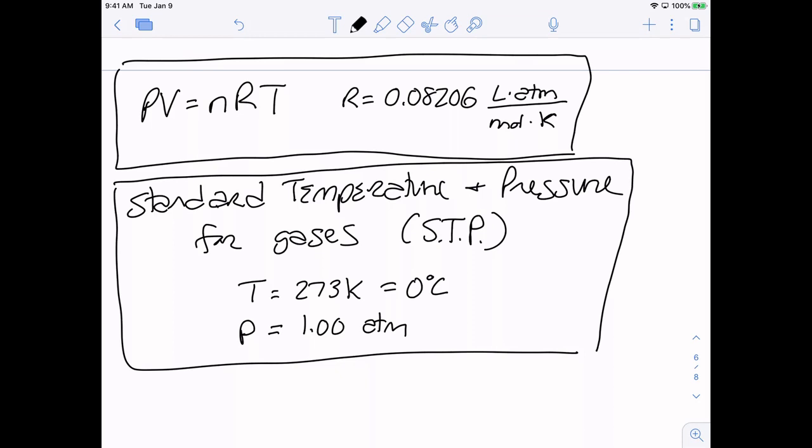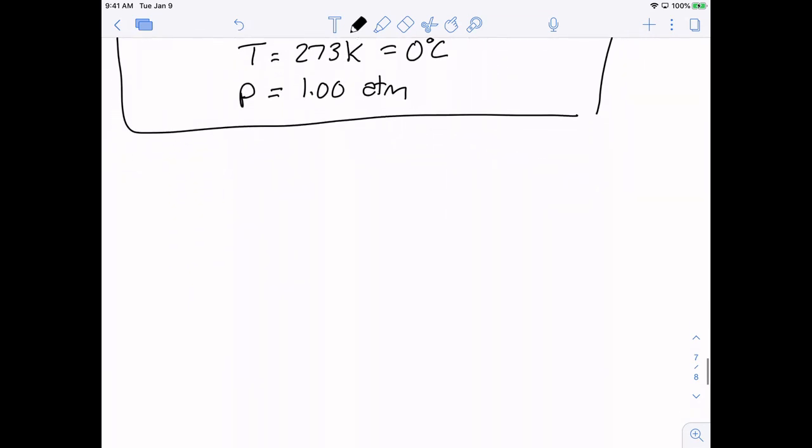I gave you 4 liters, we have volume, and then pressure and temperature, because it's at STP, we would plug in 1 atmosphere for the pressure and 273 Kelvin for the temperature. So even though I'm not actually stating numbers in the problem, I kind of am when I say standard temperature and pressure. So do be familiar with those. We'll do a problem that involves them here in this video.